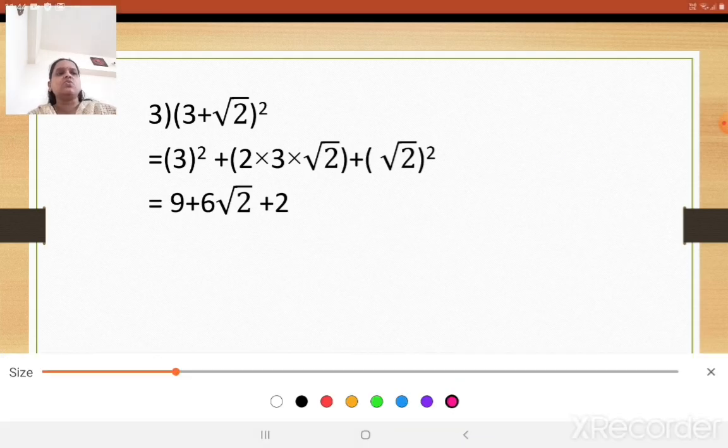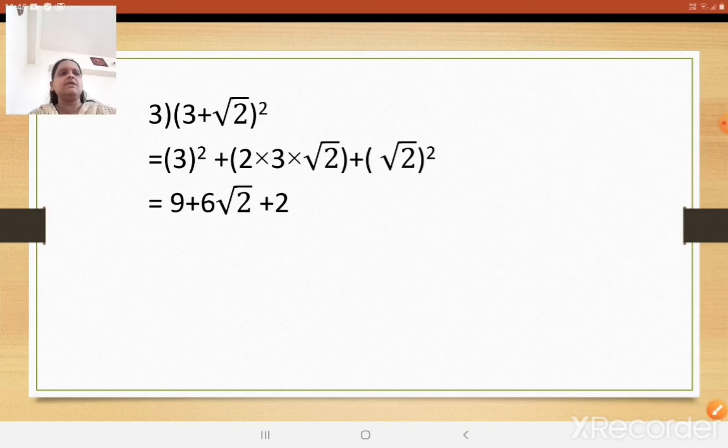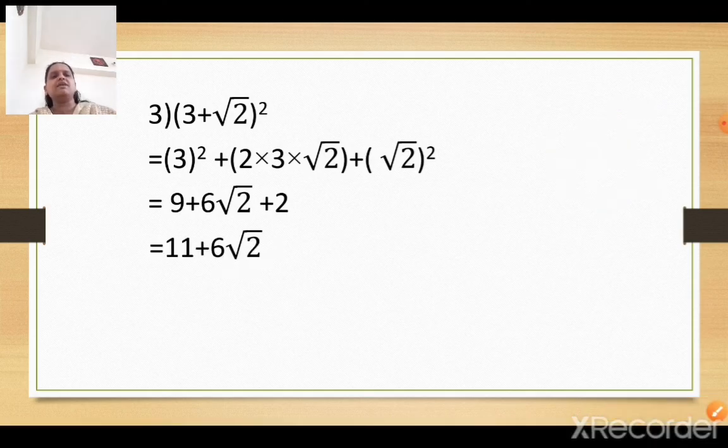That is, square root of a raised to square is nothing but a itself. Therefore, if you take a square root and square it, the number will remain as it is. Therefore, now can we add 9 and 2? Yes, we can add 9 and 2, and your final answer will become 11 plus 6 root 2.